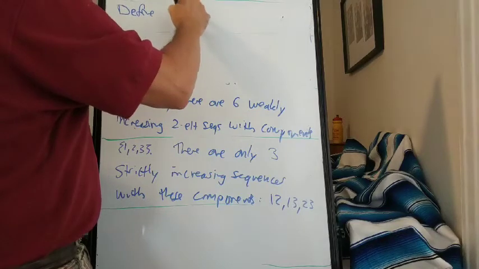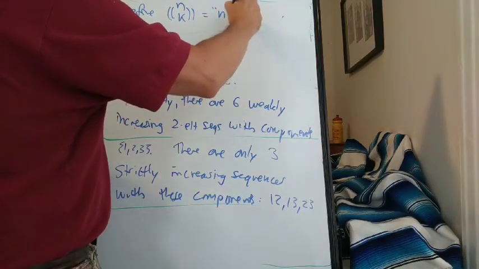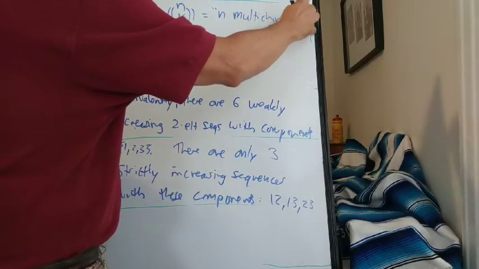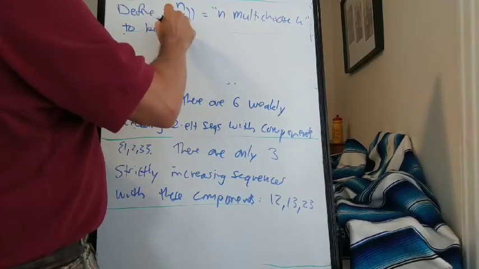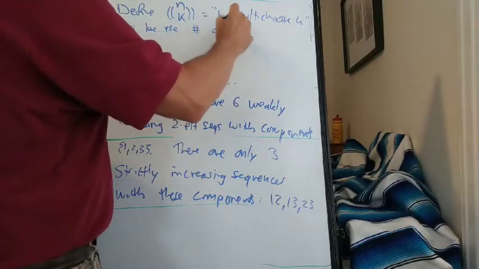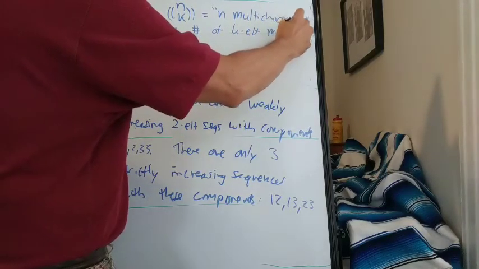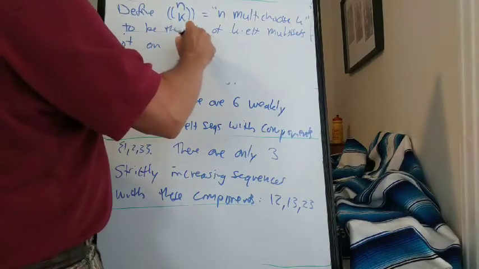Let's define n multi-choose k to be the number of k-element multisets of an n-element set.